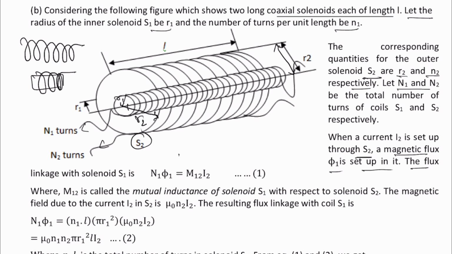The flux linked is N1 into phi1, which is equal to the mutual inductance into the current, M12 into I2. Here M12 is the mutual inductance of solenoid S1 with respect to solenoid S2. The magnetic field due to the current I2 in S2 is mu0 into N2 into I2.